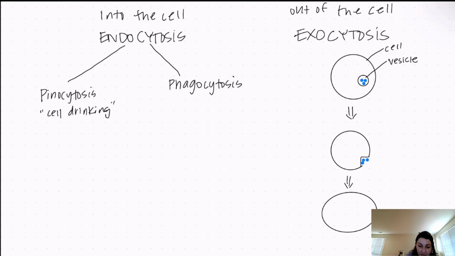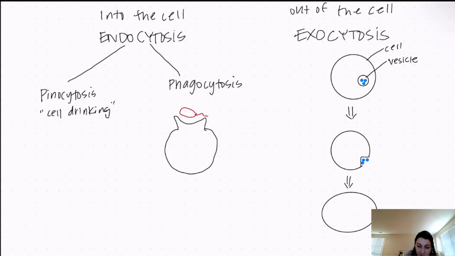So how this looks is, I have a cell. Let's start with the foreign thing. Let's use red, so let's say I have my little bacteria here, and I don't want that bacteria around my cell. So what the cell does is it kind of reaches up. The plasma membrane does.